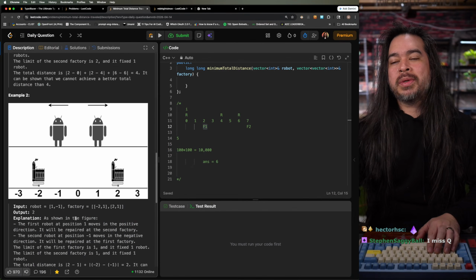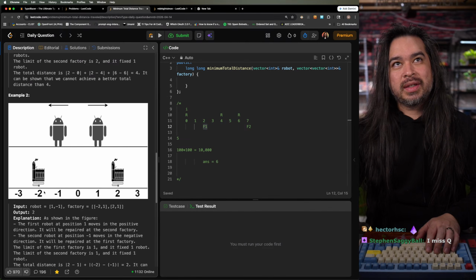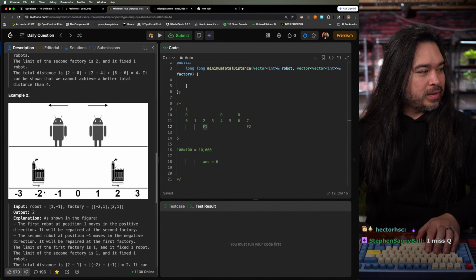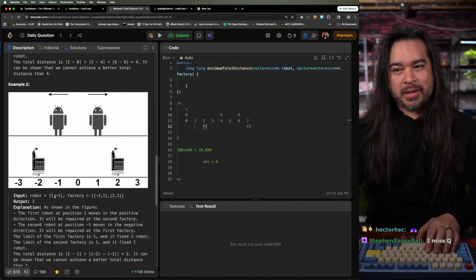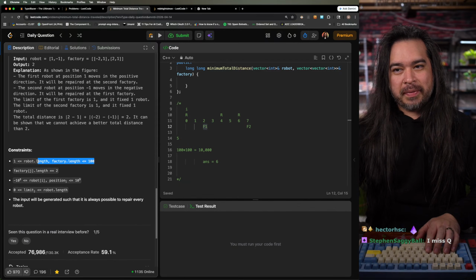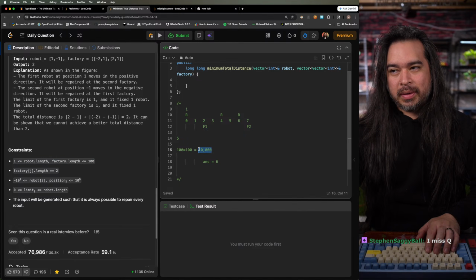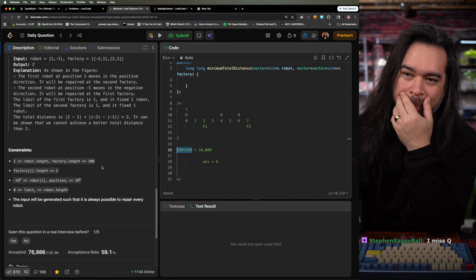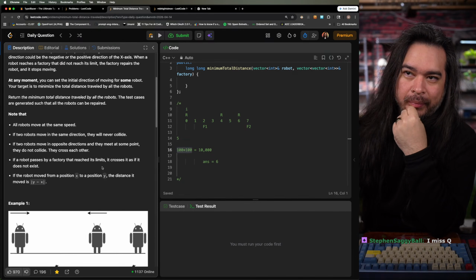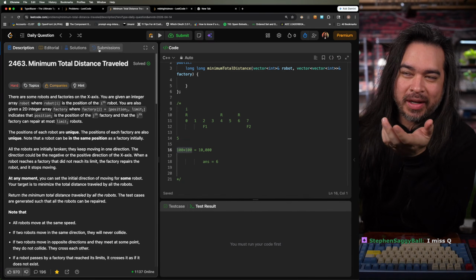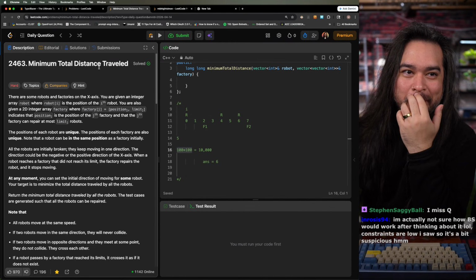Dang, minimum total distance. How do we binary search that? Or how do we figure out, so if, but man, I solved this 1.5 years ago.